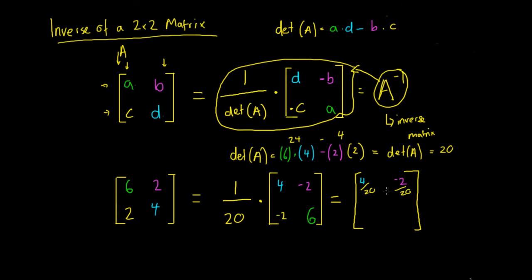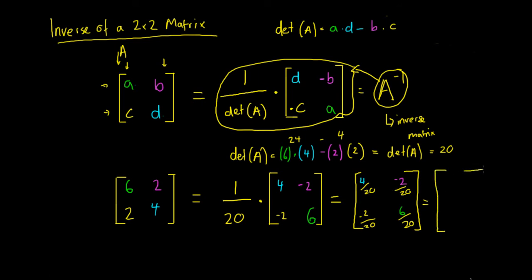Then we're going to have negative 2 down here, and we multiply it by 1 on 20. And then we've got our 6, and that's also going to be multiplied by 1 on 20. So that's what our resulting matrix should look like, and we can simplify that down again.